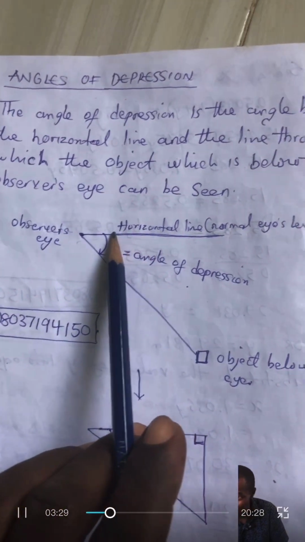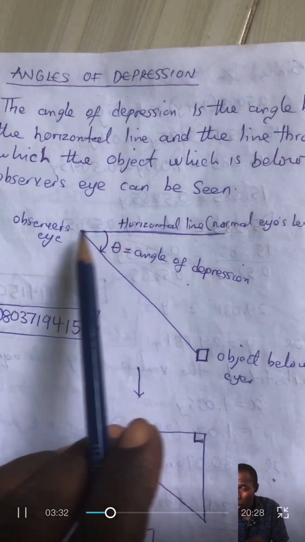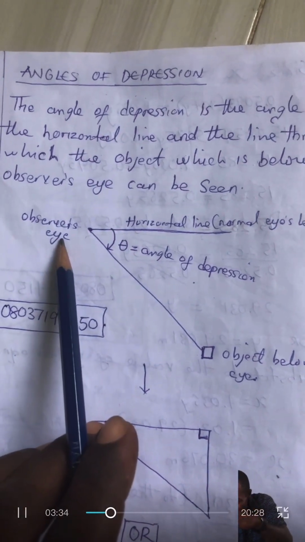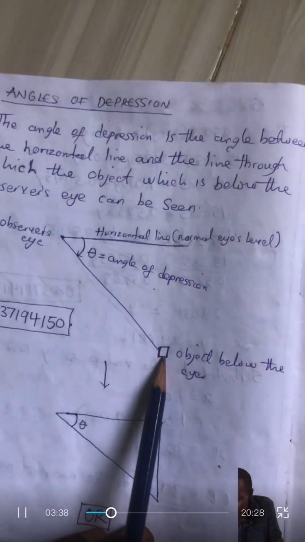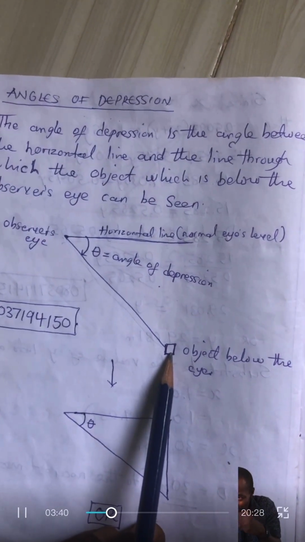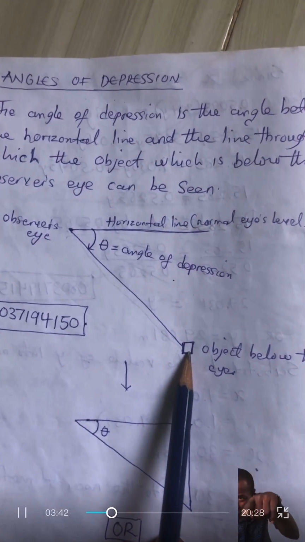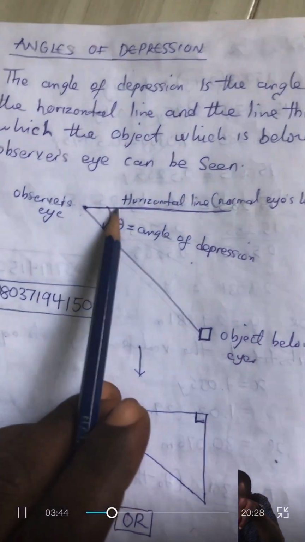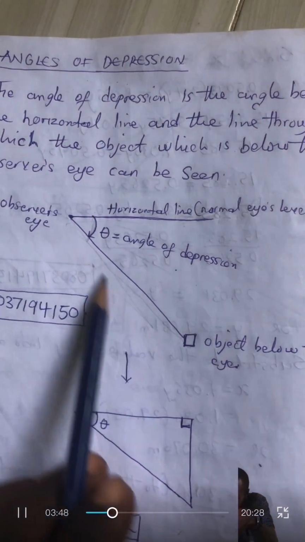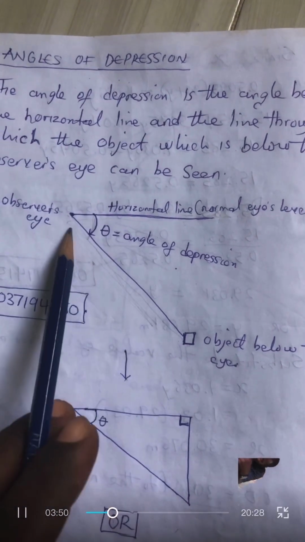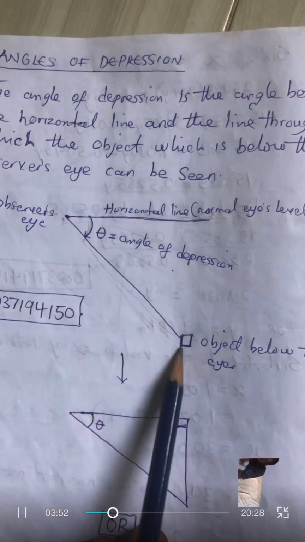Now the observer looks down to where an object is. That object is below the observer's eye. So we have an angle between the horizontal line and the slant line. That slant line is called the line of sight. That is the line that connects the observer's eyes to where the object is.